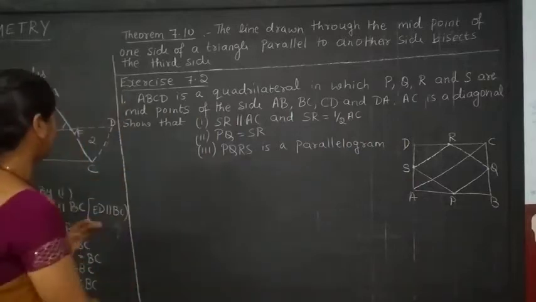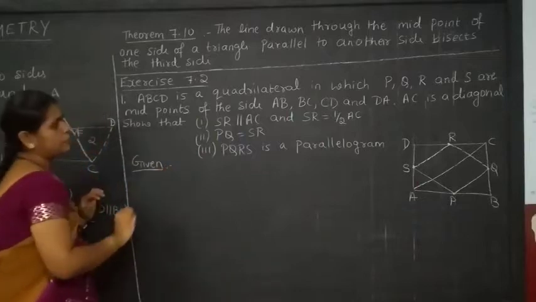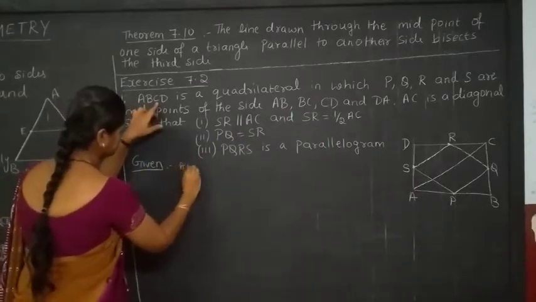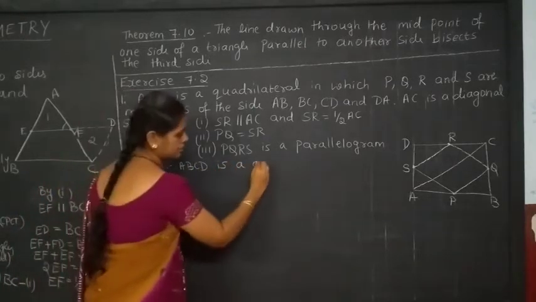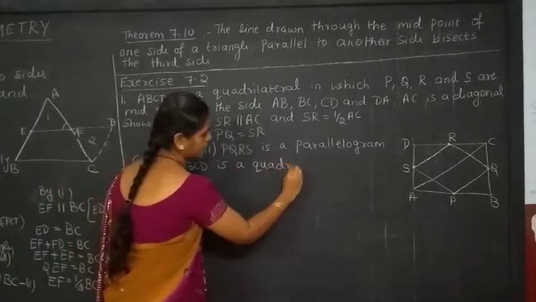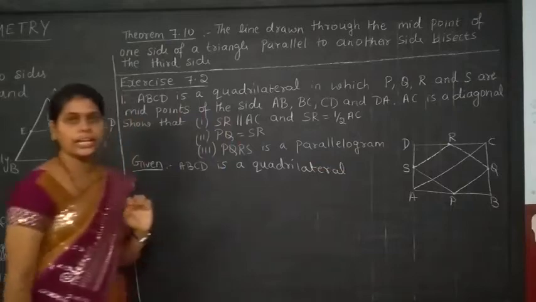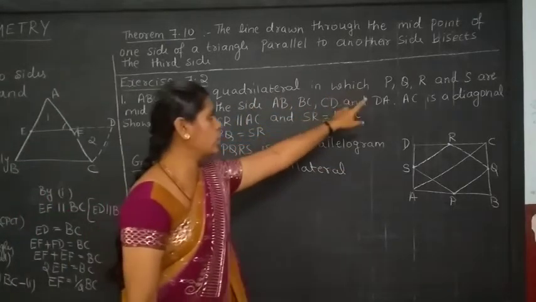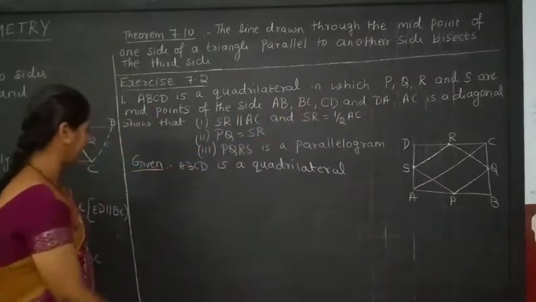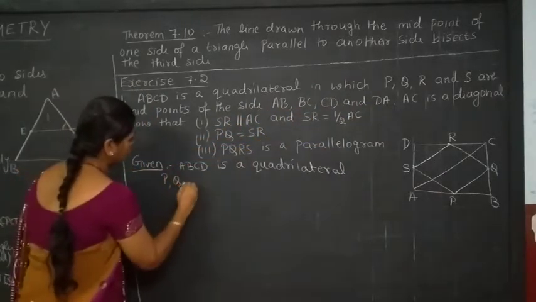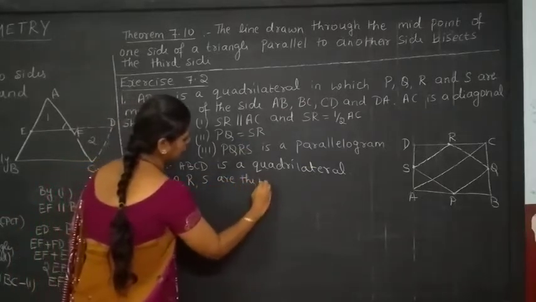Now let us write given first. What is given in the question? Given that ABCD is a quadrilateral. Then P, Q, R, S are the midpoints of AB, BC, CD and DA.